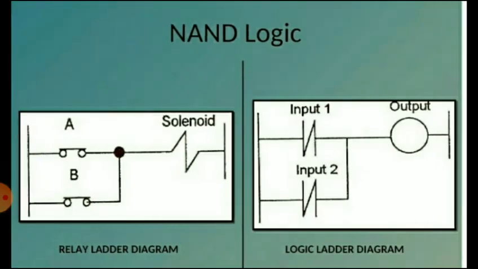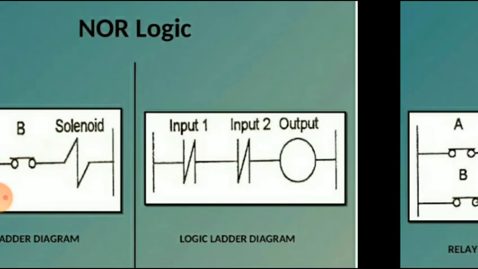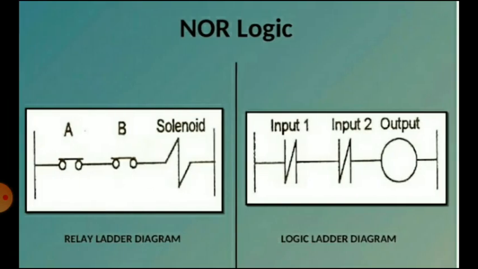Then the NAND gate or NAND logic. It is a combination of NOT and AND functions, that is NAND logic. Then NOR logic. A combination of OR and NOT gates is termed a NOR gate.